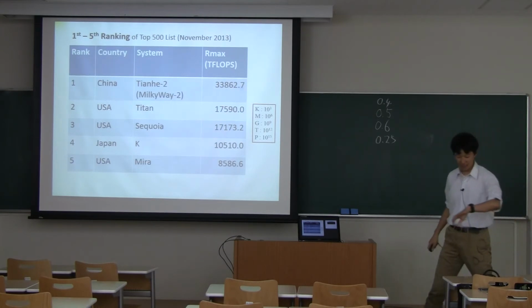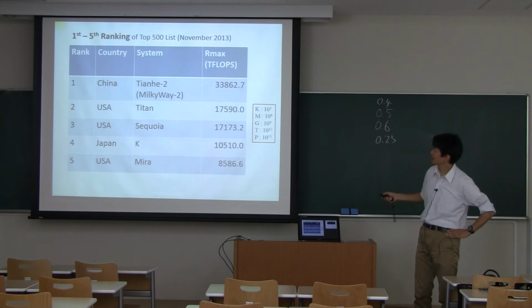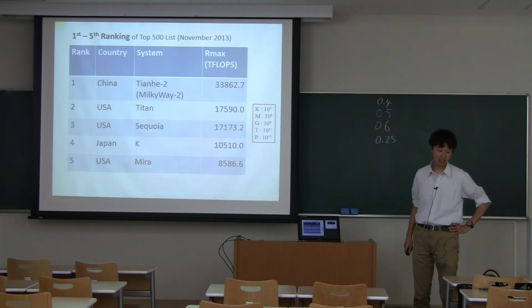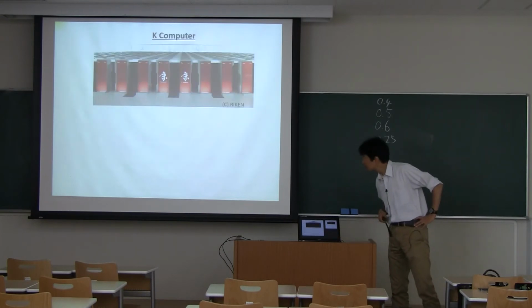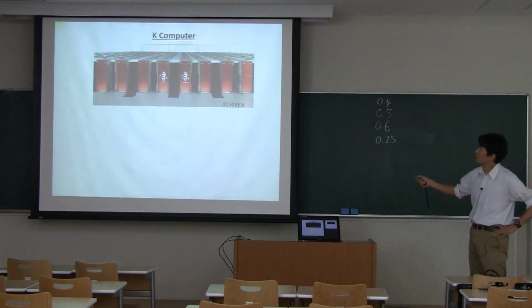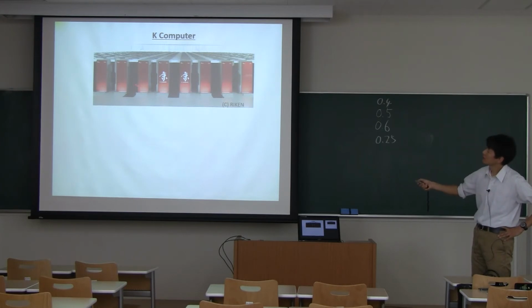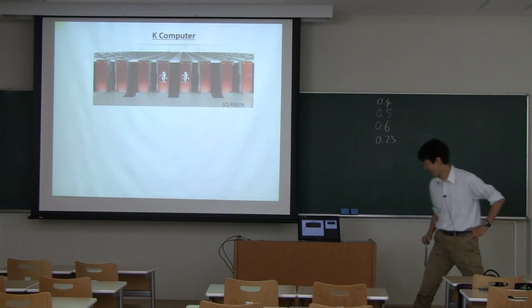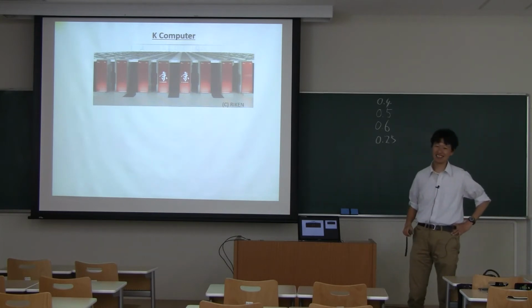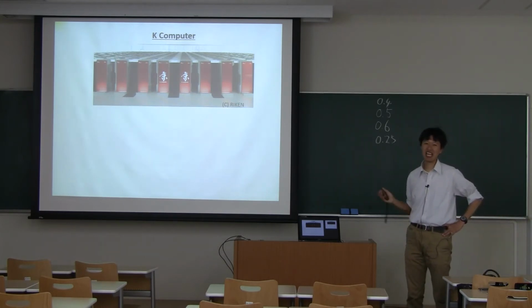So at the end of this section, I'll talk about the K computer. It is a K computer. It's very big, very cool design. So, have you ever heard the origin of the name K?